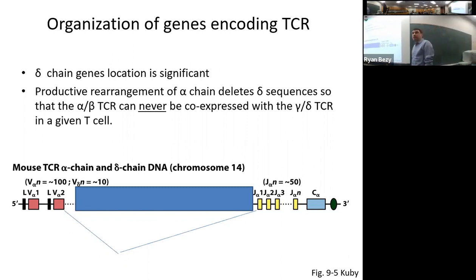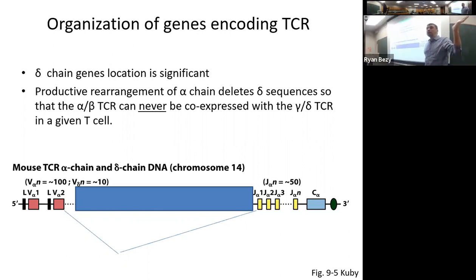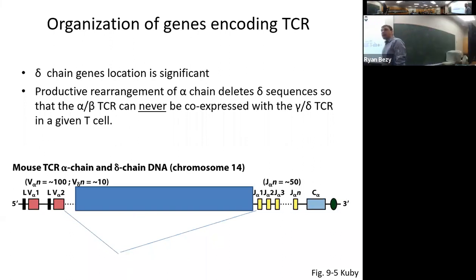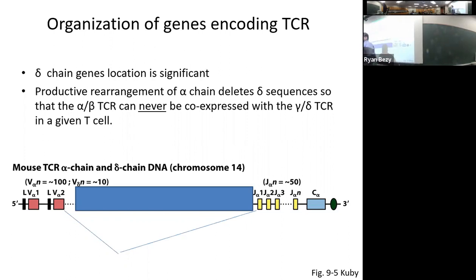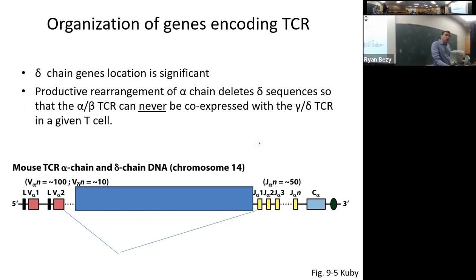What that means is you can have alpha or delta, but never both. You can never have alpha chain and delta chain co-expressed in the same T cell. Successful rearrangement and expression of alpha deletes out delta. And that sets up T cells, again, to be only an alpha beta T cell receptor or a gamma delta T cell receptor.